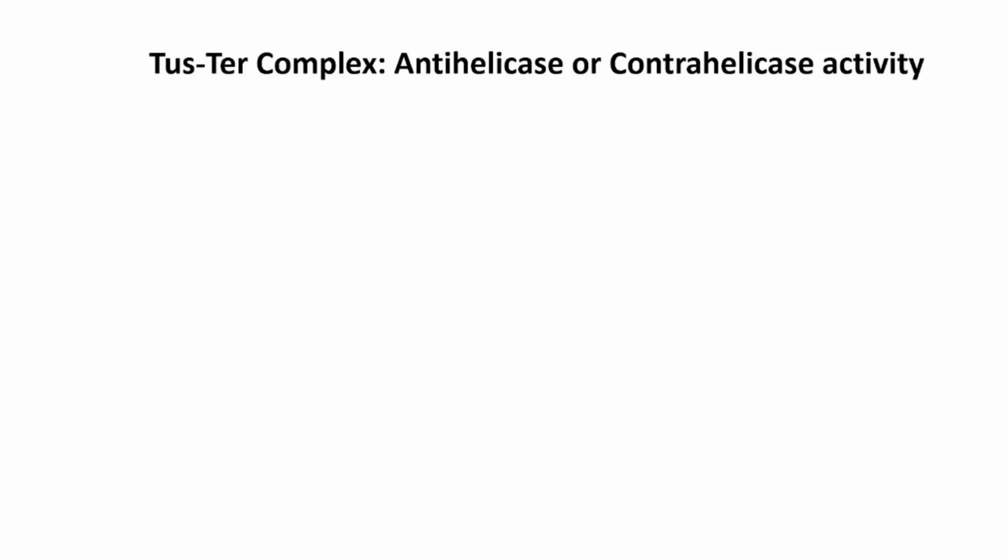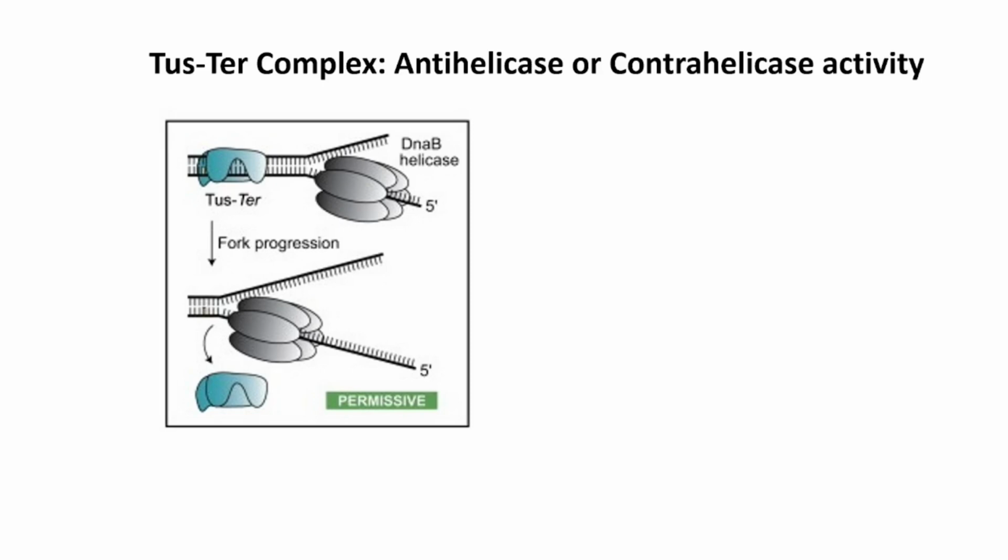Let us now talk about the mode of action of the TUS-ter complex. The termination mechanism involves a protein called TUS that binds tightly to each TER site, forming the TUS-TER complex. The key role of this complex is to halt the progression of the DNA replication fork, particularly by interacting with DnaB helicase, the enzyme responsible for unwinding DNA ahead of the fork. The directional nature of this block is critical.